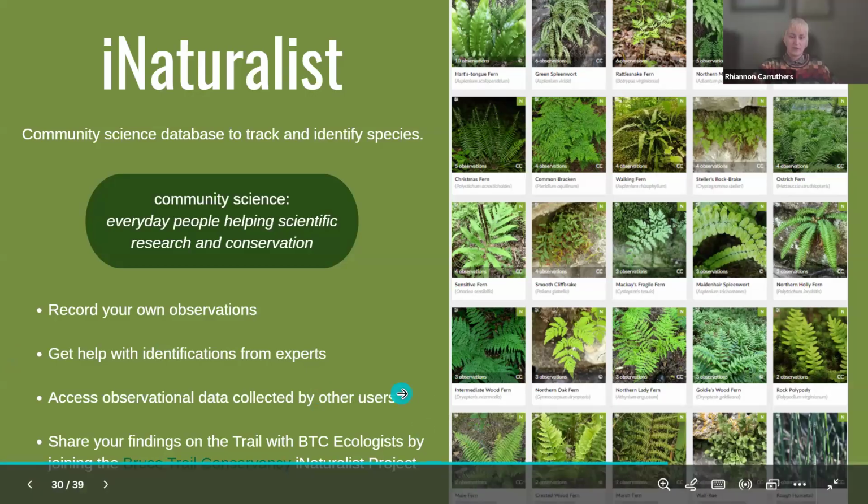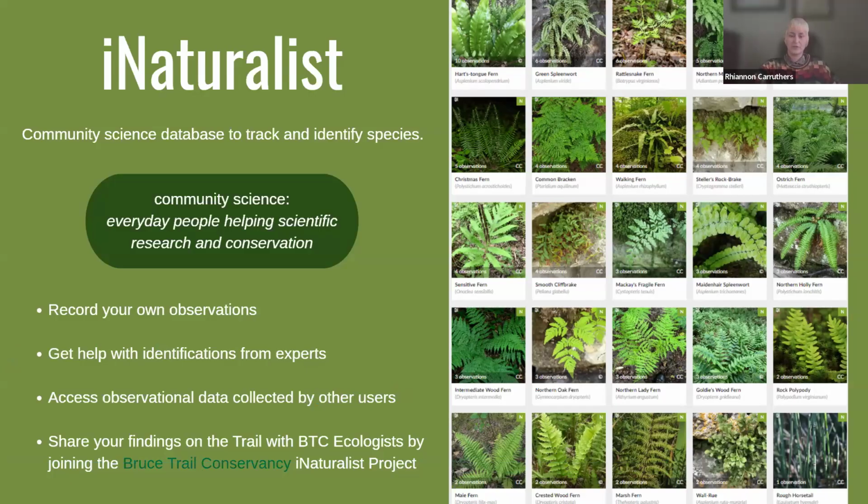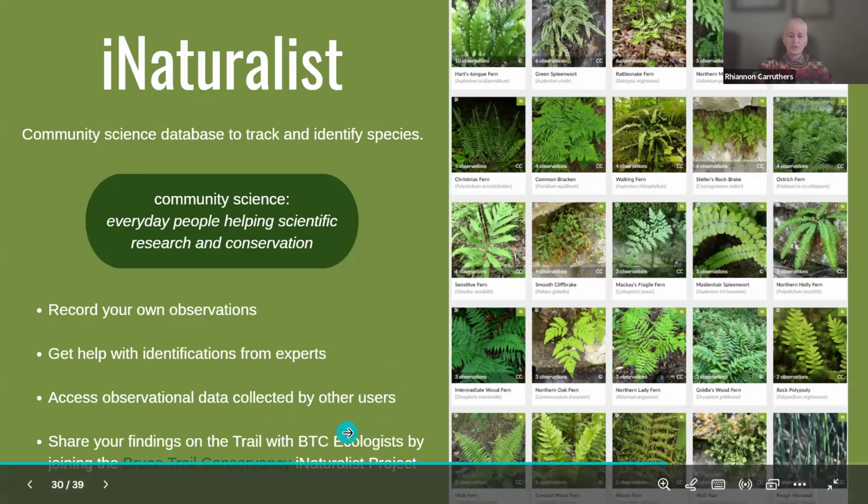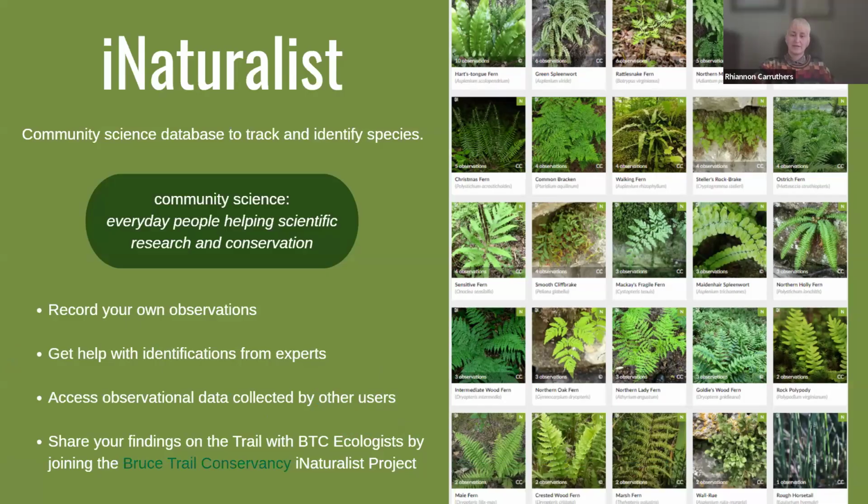If you have a rare fern and you post it to iNaturalist, the location will automatically be obscured, and this is just a way to protect any rare species. So if you have iNaturalist, please join the Bruce Trail Conservancy project. If you are posting anything found along the trail, you can add it to our project and that will be seen by our BTC ecologists.